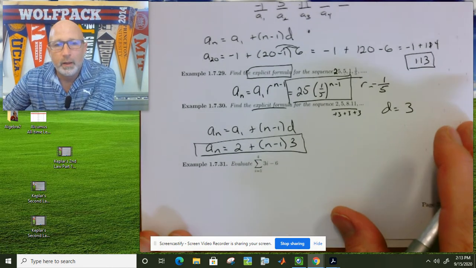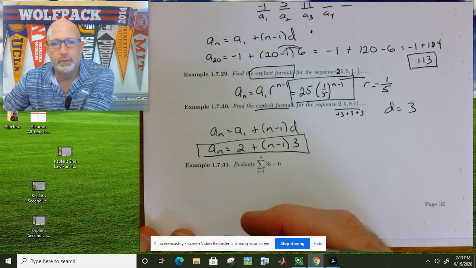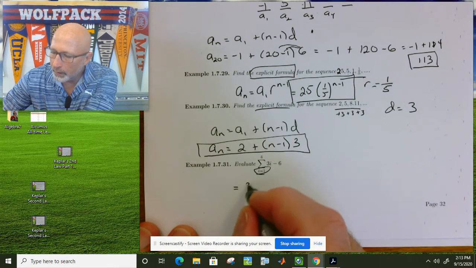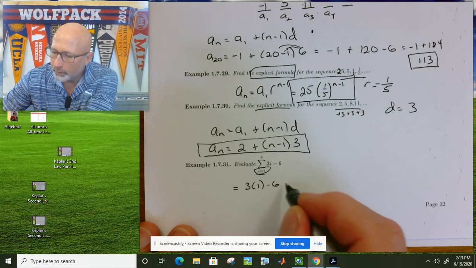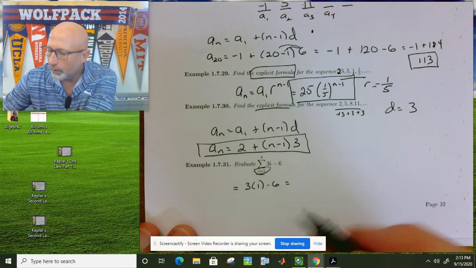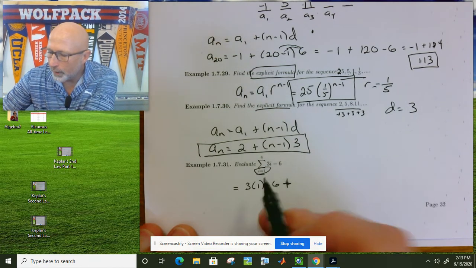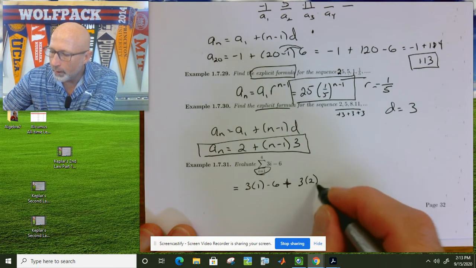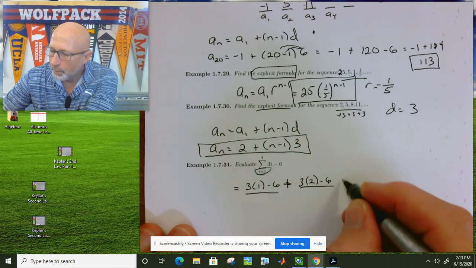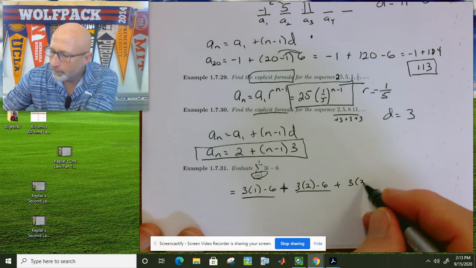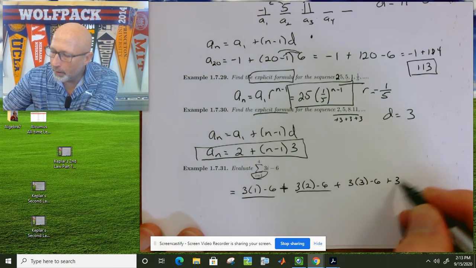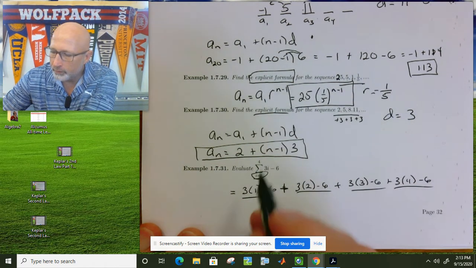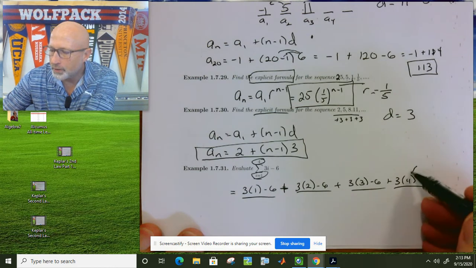Okay, this next one's a little bit different than how we did it in class. Well, actually, no, this is the same, but the other ones are a little bit different. So remember, you start off by plugging in 1. So this is 3 times 1 minus 6, and then plus, you plug in 2, so 3 times 2 minus 6, plus, then you plug in 3, plus, then you plug in 4, and then you stop.